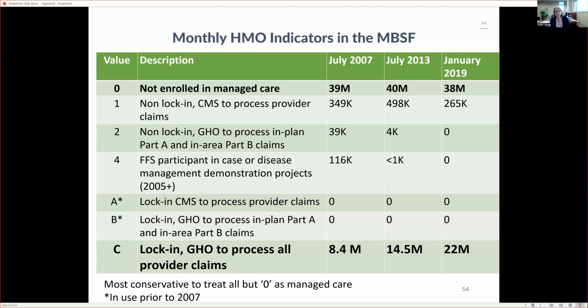And that is where the standard managed care is. And you notice between 2007 and 2019, that went from 8.4 million to 22 million. So that is where our traditional managed care people are. They are Cs. They're lock-in, and the cost managed care, which is non-lock-in, has been phased out. So as you're looking at a period over time, this is again where we're seeing these secular trends, and you're going to have to figure out how to manage them.